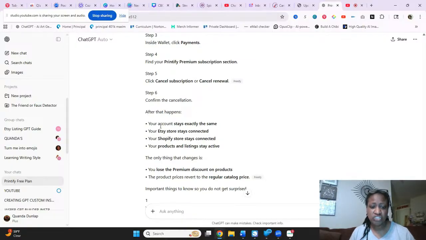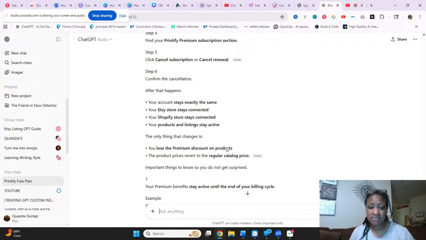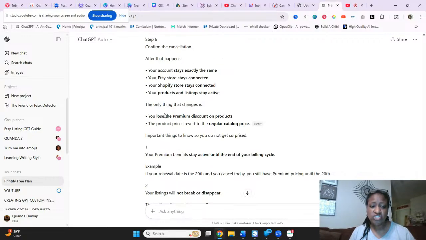After that happens, your account stays exactly the same. Your Etsy store stays connected. Your Shopify store stays connected. Your products and listings stay active. The only thing that changes is you lose the premium discount on products. The product prices revert to the regular catalog price.